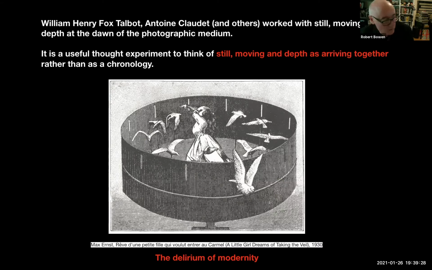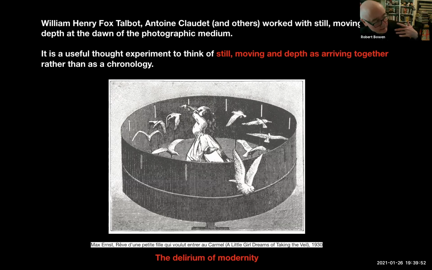And they do amazing work, and their work is compelling. But Claudet and Talbot are exploring these things like 30 years earlier, and they're not generally talked about, especially in the history of cinema.